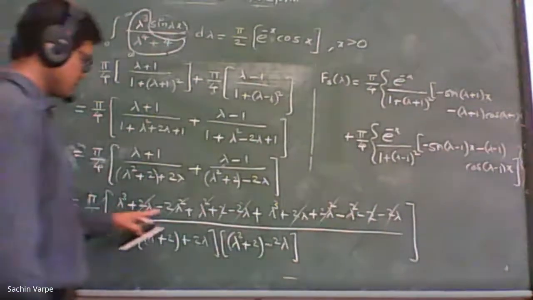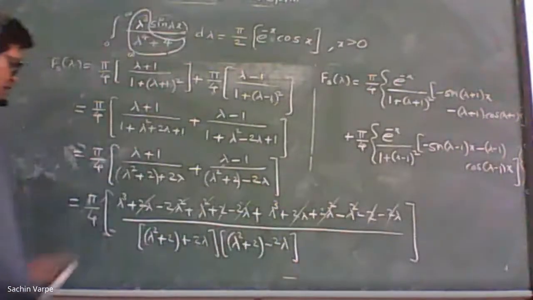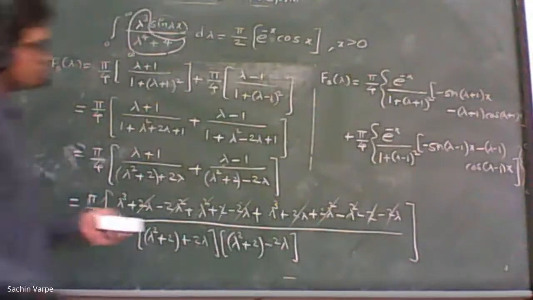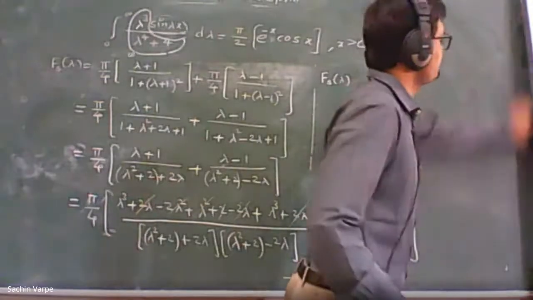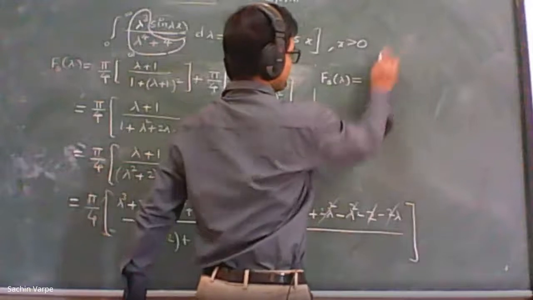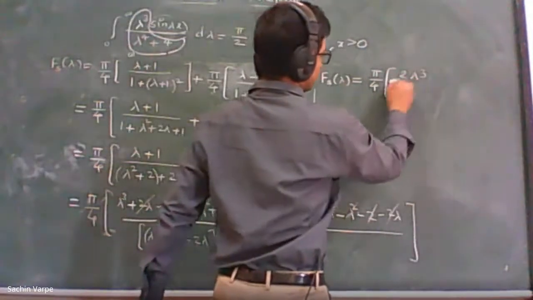Lambda cube plus lambda cube will not cancel, so 2 lambda cube. So pi by 4 times 2 lambda cube upon.